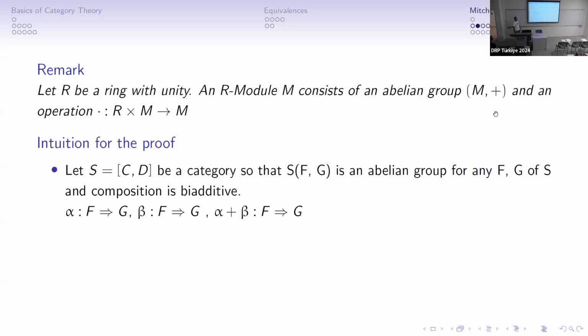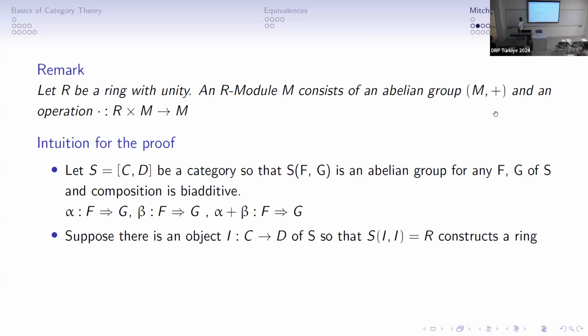So I want to try to give you an intuition of the proof. We take a functor category from C to D. Then we want it to have hom sets that are abelian groups. We mean this: we want to sum the natural transformations.